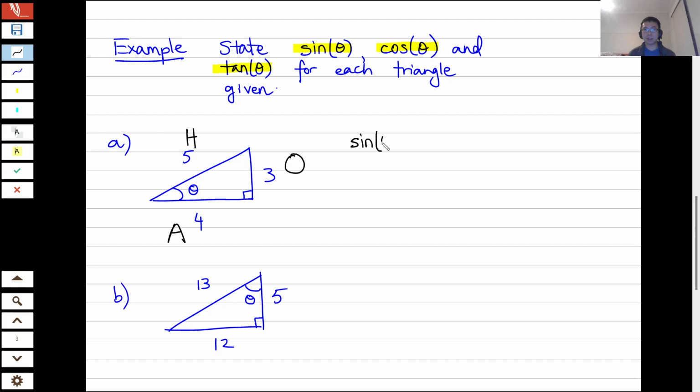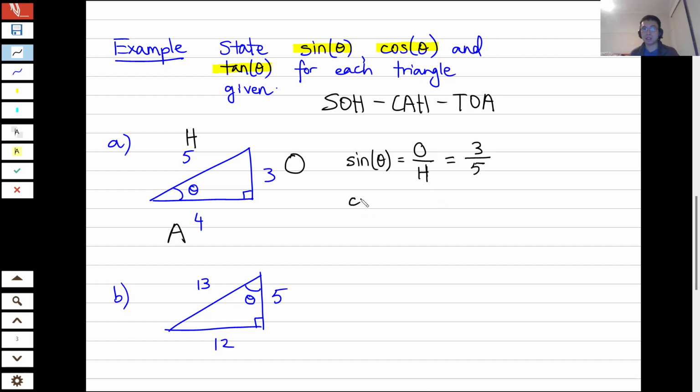So sine theta, if you've already forgotten, remember, SOHCAHTOA. That is, sine equals opposite over hypotenuse, and that equals 3 divided by 5. Cosine of theta is the adjacent side divided by the hypotenuse. So here's A, here's H. So it's going to be 4 divided by 5.